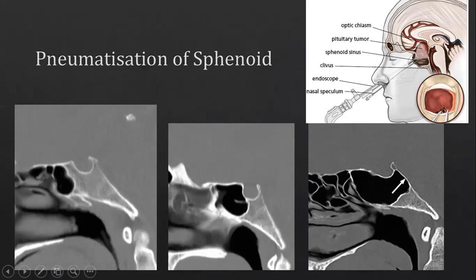It's important to understand that the sphenoid sinus can be variably pneumatized, and depending upon the degree of pneumatization, you can see the depth of the bone still remaining, separating the sinus from the floor of the sella turcica or from the posterior wall of the dorsum sellae and the clivus.